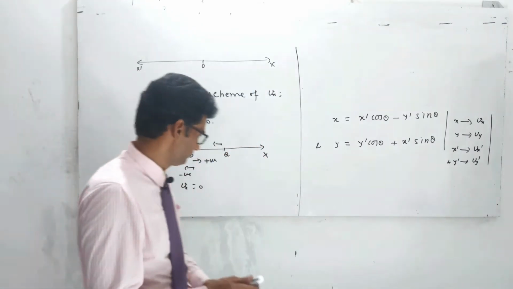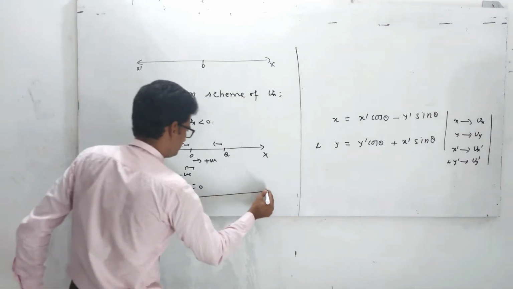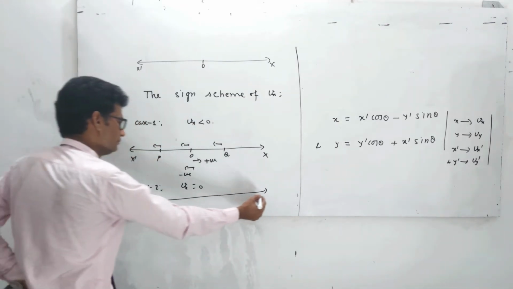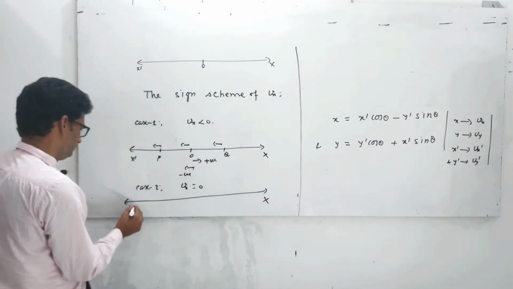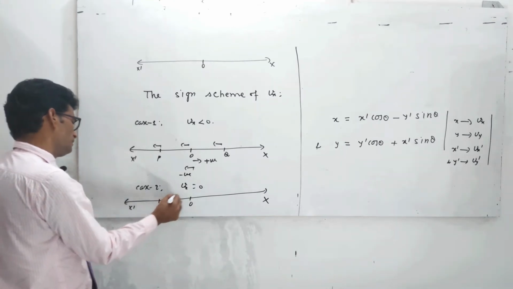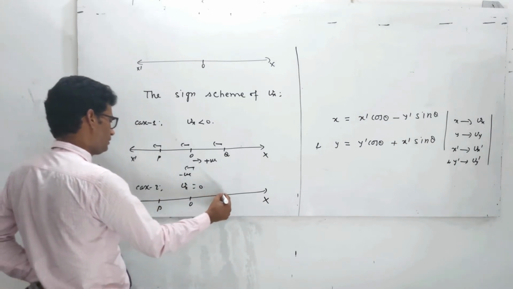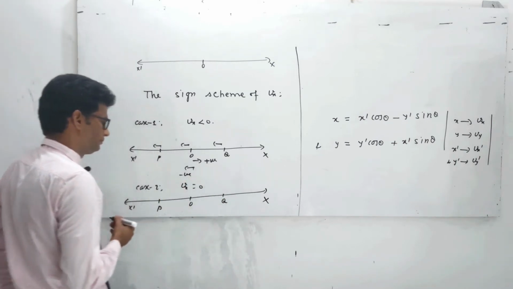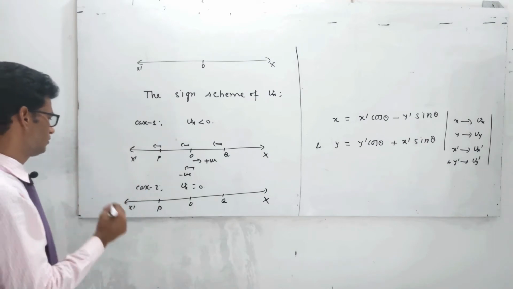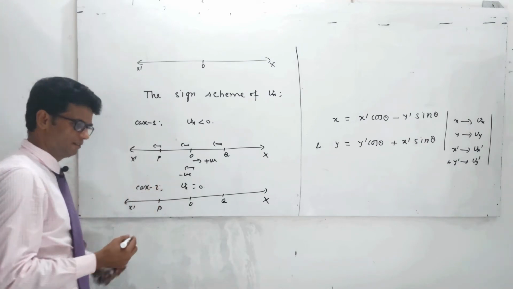Look here. Say the particle is at the origin or left of the origin, say at P, or right of the origin, say at Q. If vx is 0, the particle is at rest either momentarily or permanently.